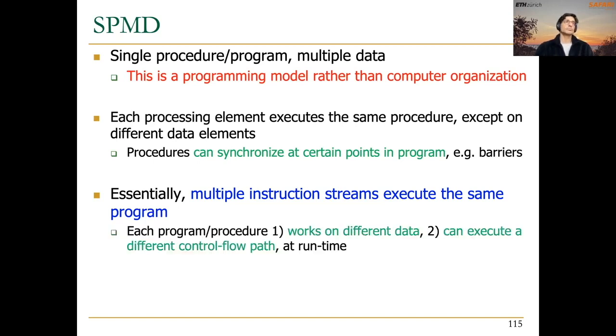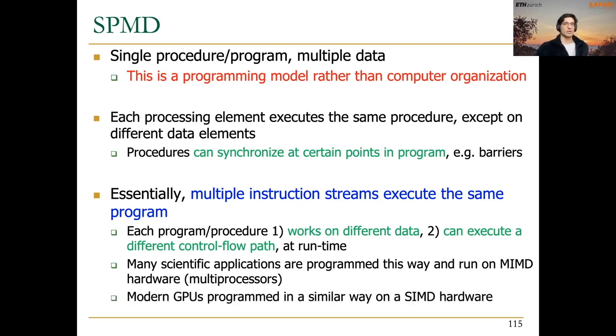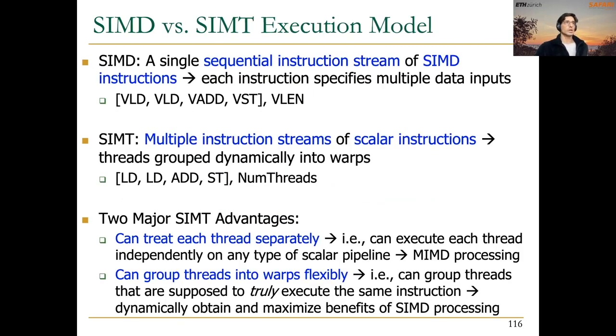All these threads execute the same instruction stream, but work on different data, and they may also have different control flow paths. There is no problem. The hardware will be able to handle this divergence of execution if they follow different control flow paths. And I guess that must be clear so far.